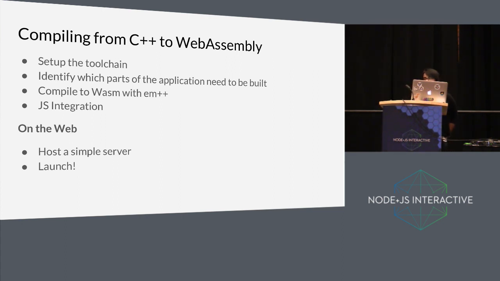The first thing you need is to set up the toolchain. You need a tool that will compile your source code to WebAssembly. One way is to use the LLVM compiler toolchain. This can be set up to work with different languages, but for C and C++ you can use Emscripten, an LLVM-based tool.